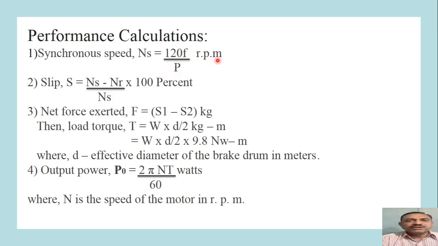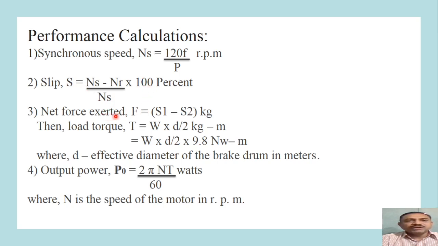So we get the speed in RPM. From that speed and the measured speed during the testing of the motor, which we call Nr, the speed of the rotor, we can get the slip of the induction motor by s equal to Ns minus Nr divided by Ns. If you multiply by 100, we get the slip in percent.